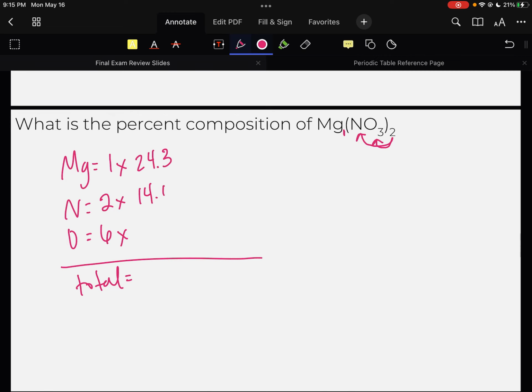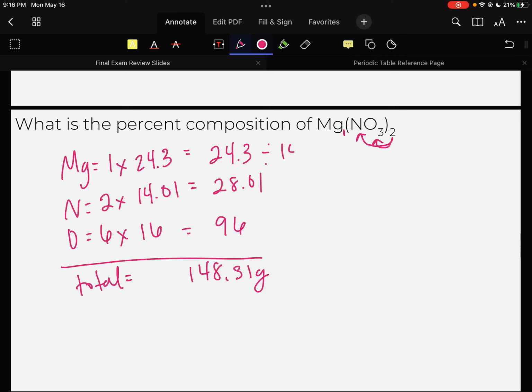So I can use my periodic table to get my masses. And then when I add everything up, I end up with 148.31 grams. So this is my total. So if I want to know the percent of magnesium, I can just take that part and divide by the total.